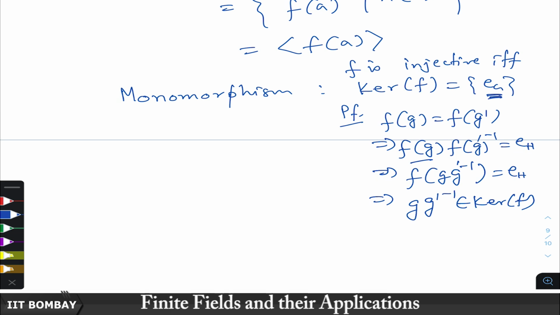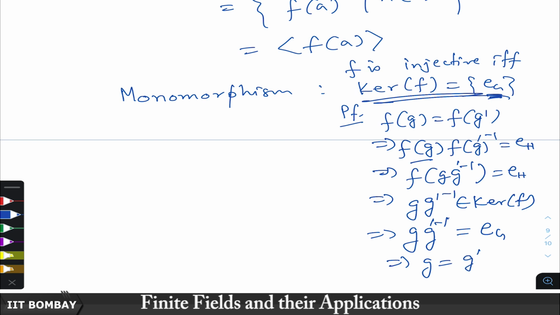but we know, because this is given, that g g' inverse must be the only element in the kernel, which is e_G, which means g is equal to g'. So, f is injective if and only if the kernel is that.